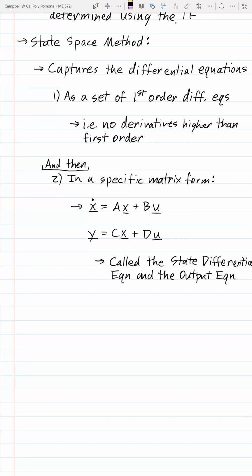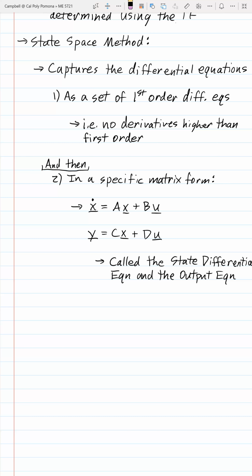Hopefully you're already starting to appreciate that. Now you're starting to see the intersection, as I discussed before, of two very important branches of mathematics, linear algebra and differential equations, intersecting here in these state space methods.